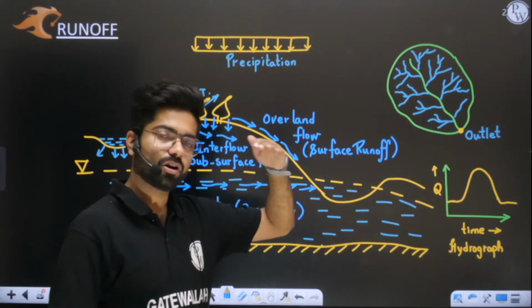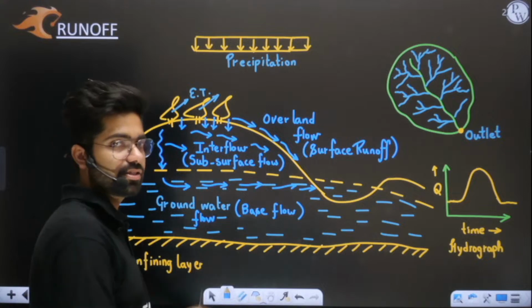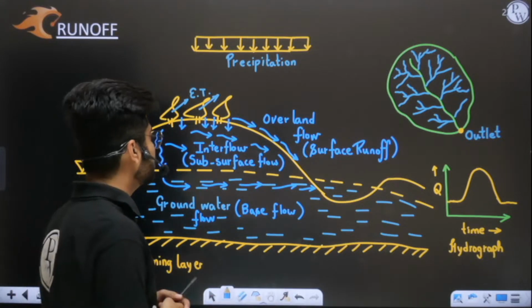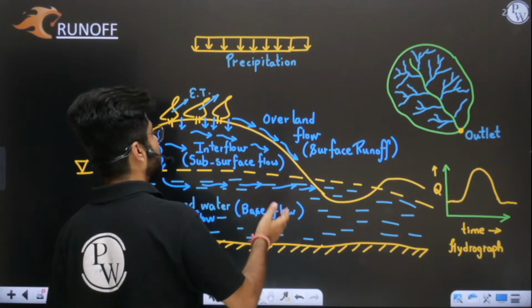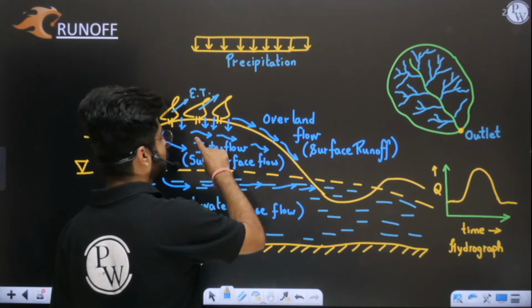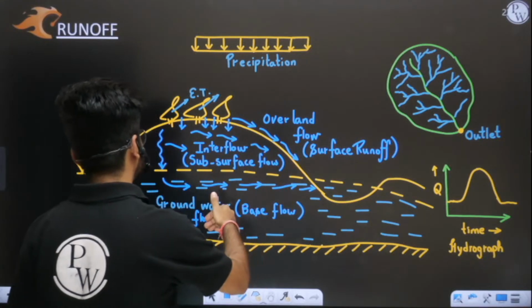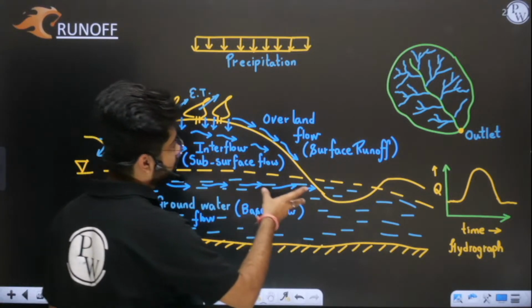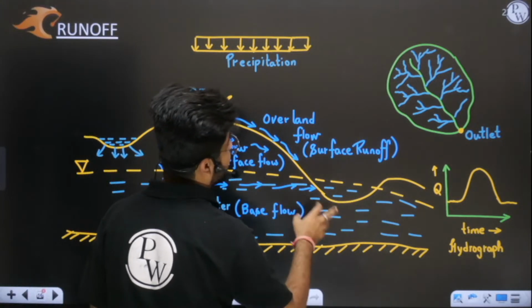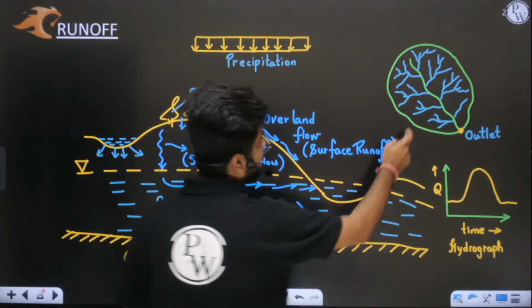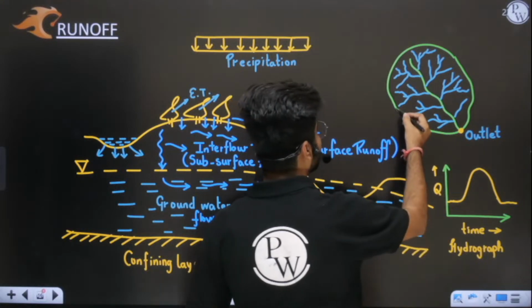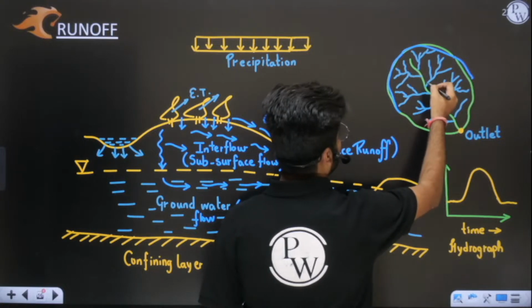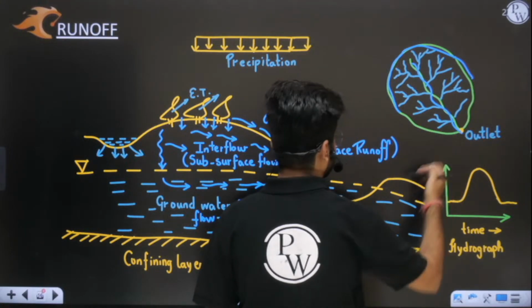Yes or no? Water will try to reach the lower level. This is true. No matter whether it flows over the land, beneath the surface, or joins the groundwater table and then flows, ultimately all the water has to join the lowest line, the valley line. These areas are higher, and all the water drains off into the lowest areas.